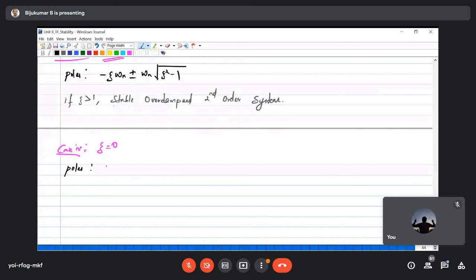So it can be written as plus or minus j omega n. So when zeta is 0, you only have imaginary poles.